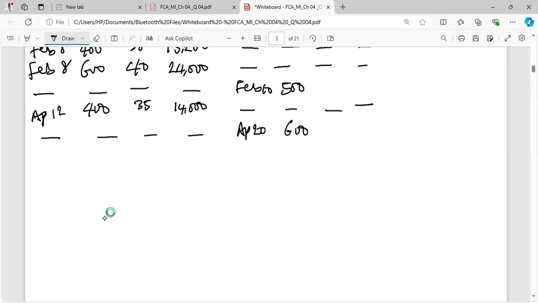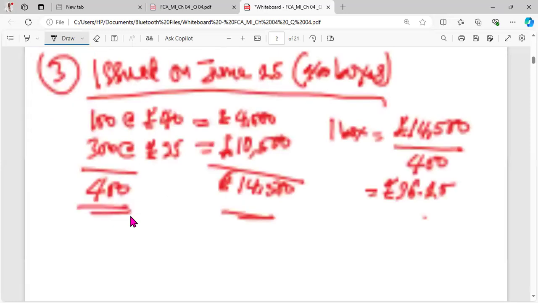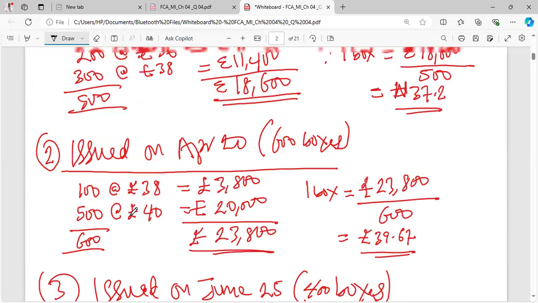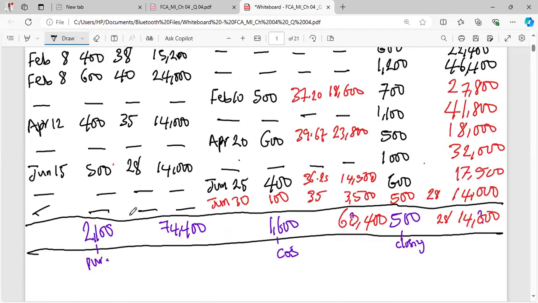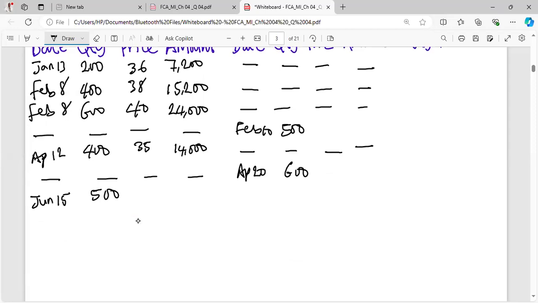After April 20, we have June 15, and it was 500. At how much? 28. So this is at 28, which we've calculated before, which gives us 14,000.